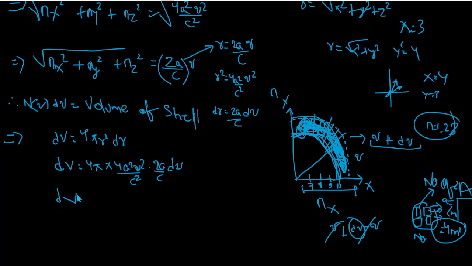Now dV is equal to 4 times 8, which is 32, so finally 32 pi a cube mu square d mu divided by c cube. But remember what I have said: this is the volume of the shell, but we only have to take the first octant of this particular shell. So we are going to divide it by 8 to get the actual volume of only this particular part.